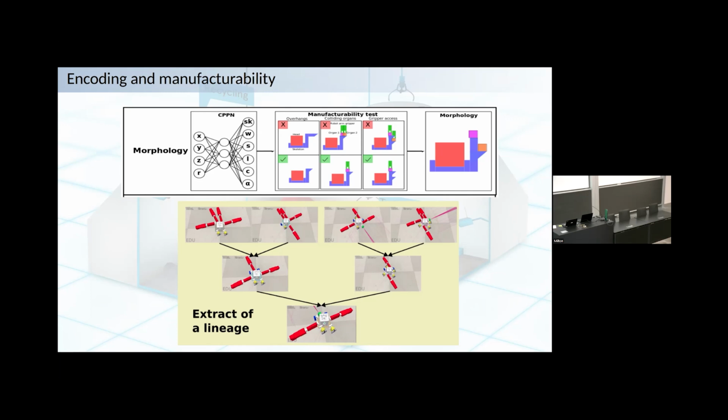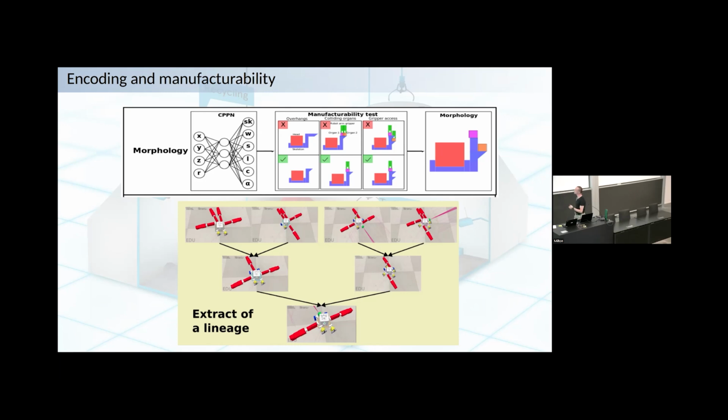And do we have access to the gripper? As you have seen in the video, the robotic arm accesses the main frame, the skeleton of the robot, from above. So we need to test if this robotic arm can access the attach point of the component to be able to attach it.